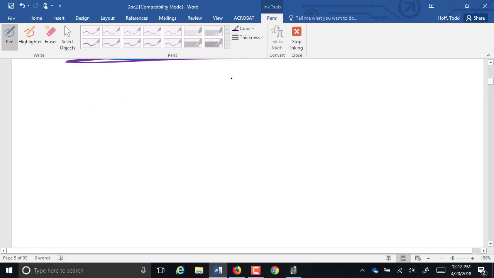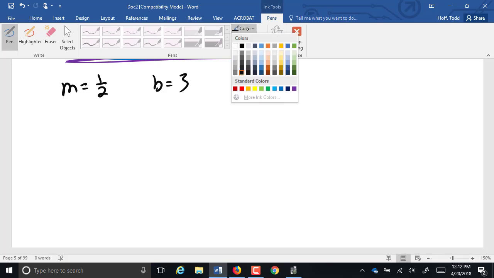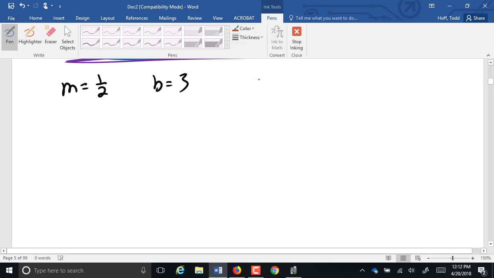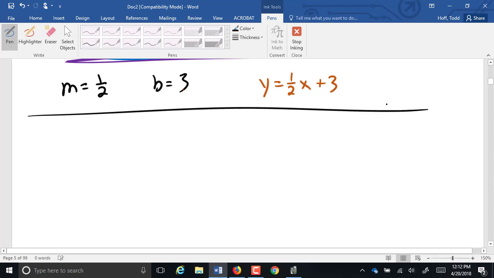So now also earlier this week, we saw that if we were given a slope of 1/2 and a y-intercept of 3, that we could very quickly construct the equation. y equals the slope, 1/2 times x, plus or minus the y-intercept. The y-intercept here is positive 3, so it's plus 3. We even picked that information out of the graph and used it to write the equation.